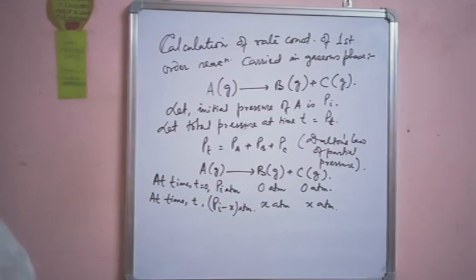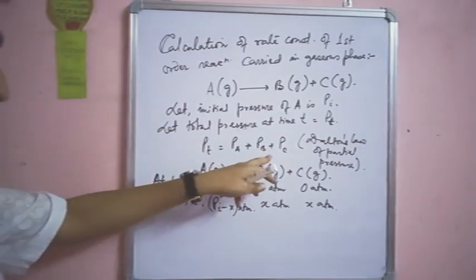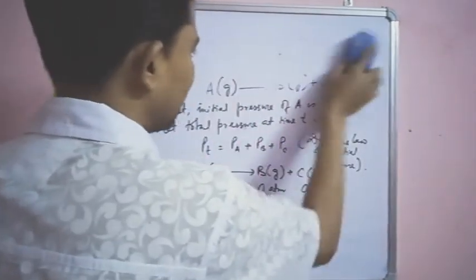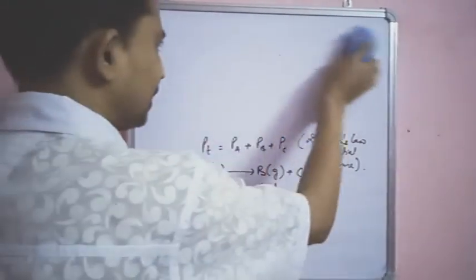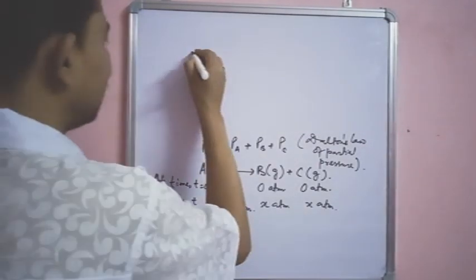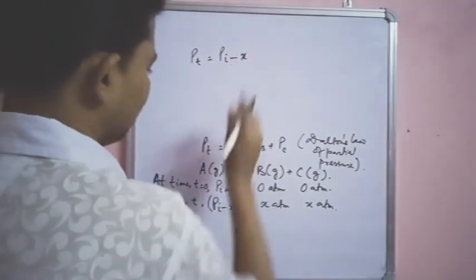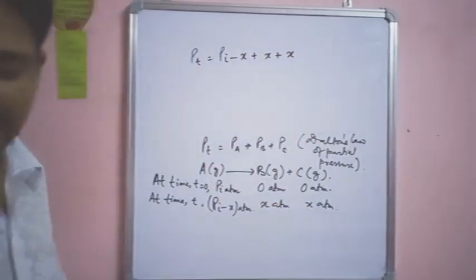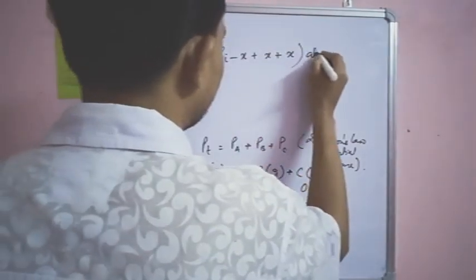If we put these in the equation Pt equal to partial pressure of A plus partial pressure of B plus partial pressure of C, let's see what we get. Total pressure Pt is equal to Pi minus x, which is the pressure of A, plus x, plus x, which in atm is equal to Pi minus x plus x plus x.